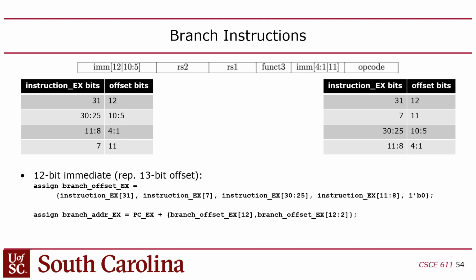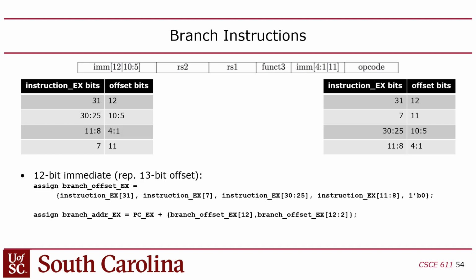What's the difference? The branch instructions don't have an RD. You guys with me? There's no destination register. There's only 2 source registers. But they do have a 12-bit immediate. Do they? No, it's not 12 bits.